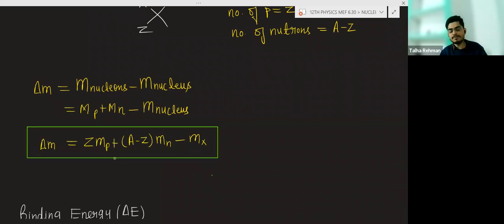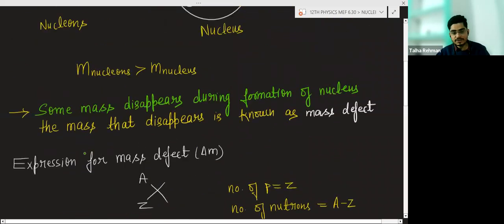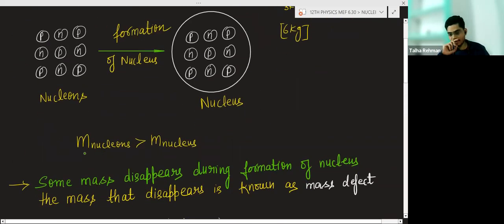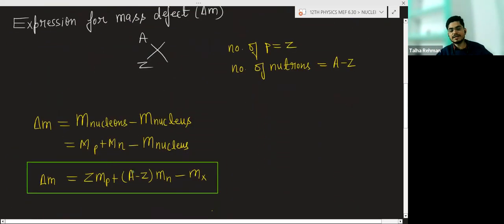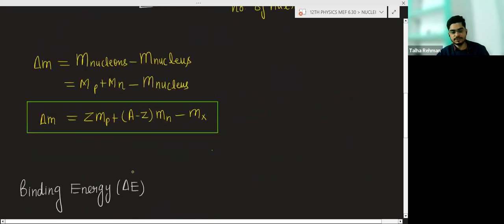Now, I told you that if some mass disappears, energy will be released. Due to this mass defect, the energy released is basically the binding energy.